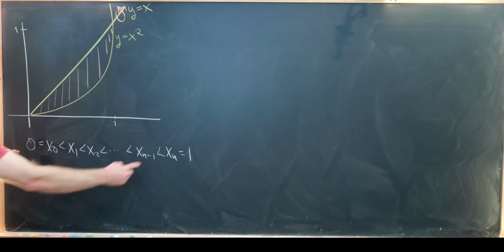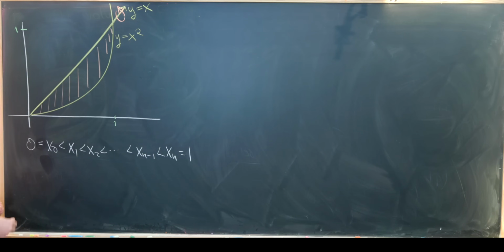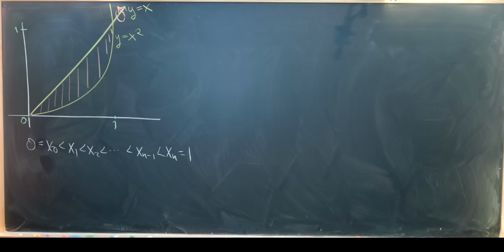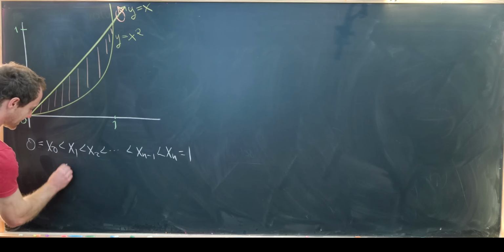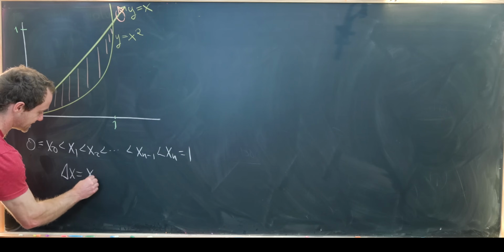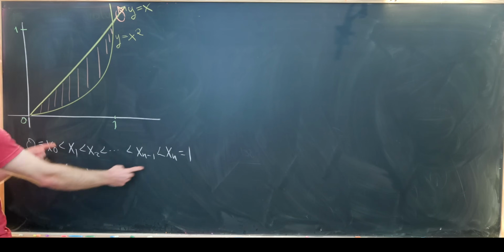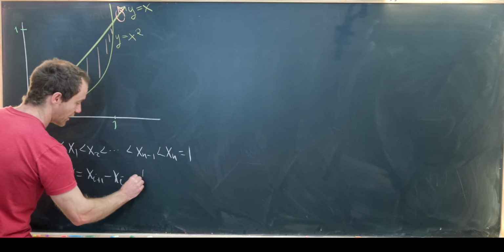So in other words, I have partitioned the interval from 0 to 1 into these n equal subintervals. So let's encode that they are equal. So notice that delta x will be defined to be x_{i+1} minus x_i. But since these are equal, that needs to be 1 over n.